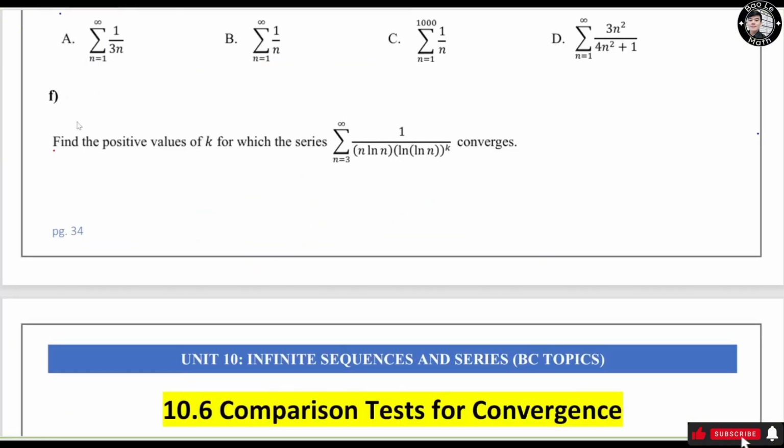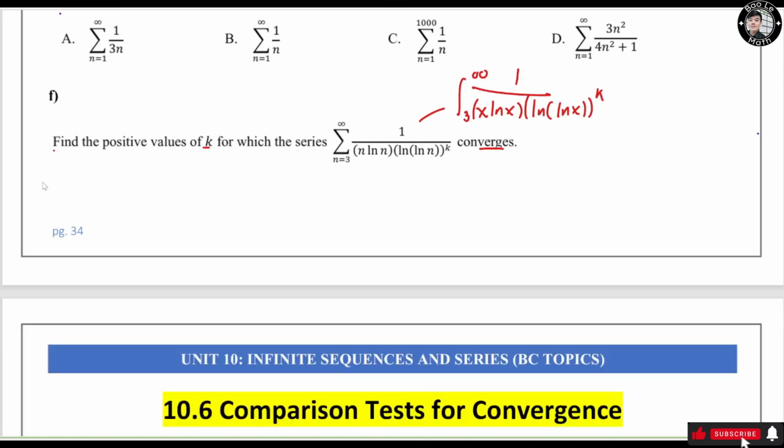Now let's move on to question F. Find the positive values of k for which the series converges. Alright, so in order to do this one, we need to rewrite this one as an integral, right? So it could be the integral from 3 to infinity of 1 over s ln s times ln of ln s to the k, right?